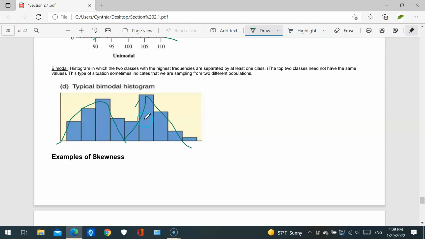With a bimodal, most of the case, you have two different populations inside your data. This is one population, this is another population. Each population has its own mode, its own mean and median. So that's why it has a bimodal histogram.